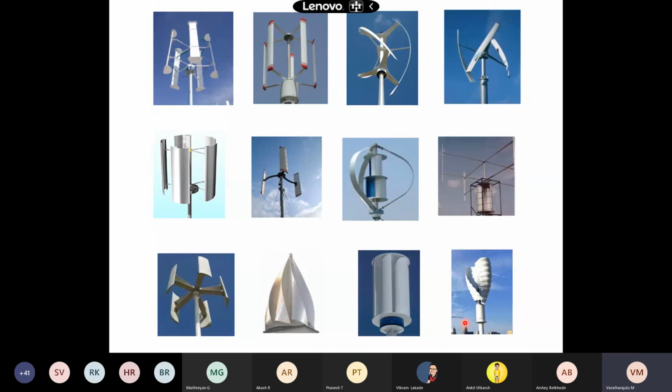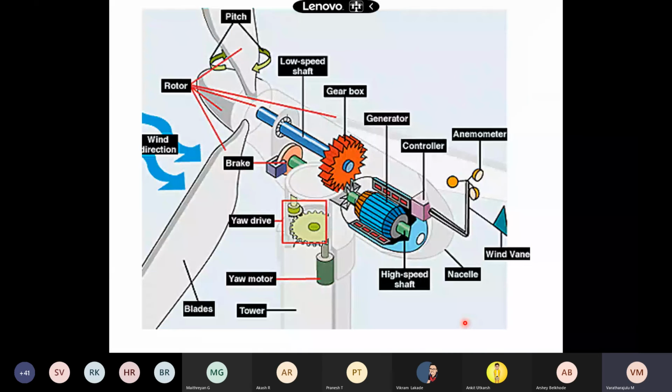When there is a change in the wind direction, this will change the direction, and through the wind vane we can get the data, and an anemometer is provided to measure the wind velocity here, and through that we can change the direction of the turbines, so that we can get the maximum power from the respective directions.